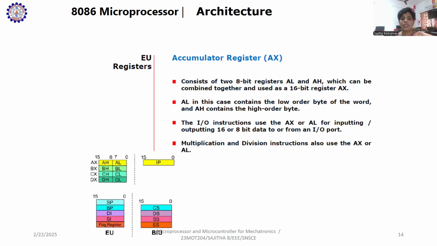AL contains the lower order byte, and AH consists of the higher order byte. The input-output instructions use the AX or AL for inputting and outputting 8 or 16-bit data from an input-output port. The multiplication and division instructions also use the AX or AL.